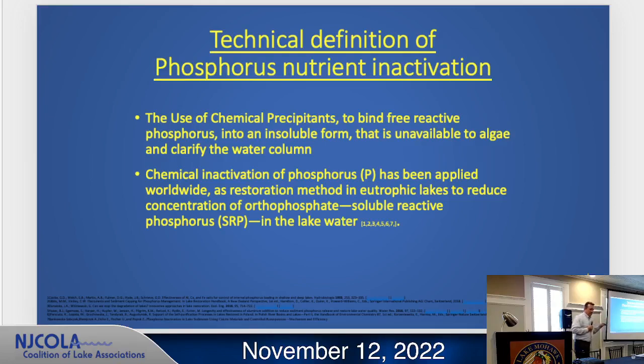We've been doing inactivation in lake systems well before I even started, probably the past 100 years. Okay, really, our industry, the lake management industry on a commercial stand, started with the Clean Water Act in the 70s, and in the 80s it increased. So we're really trying to bind our SRP, or soluble reactive phosphorus, or our free phosphorus that's available to the plants.